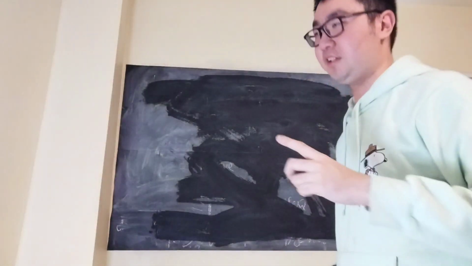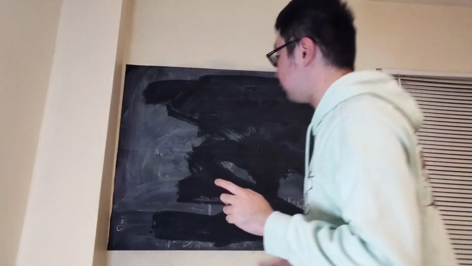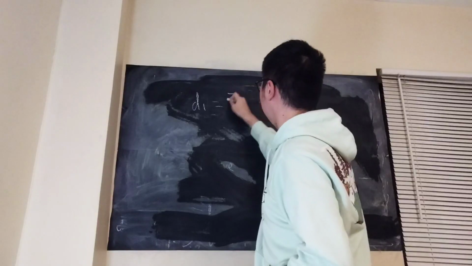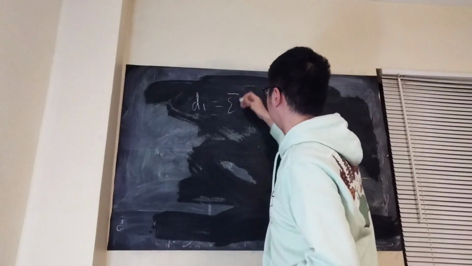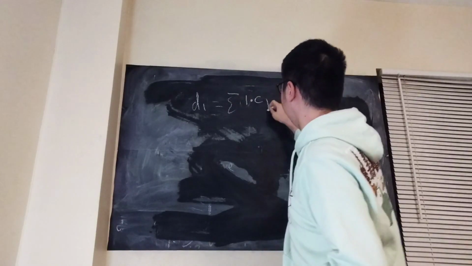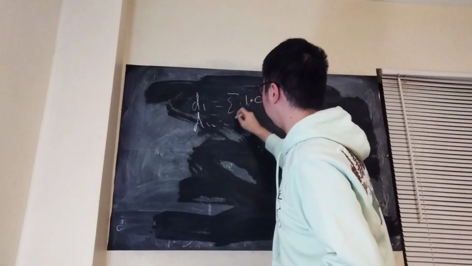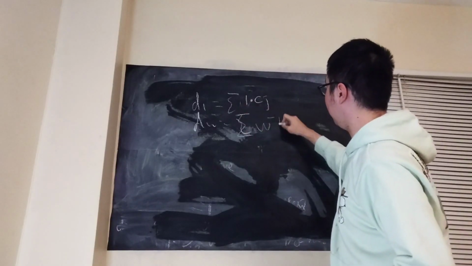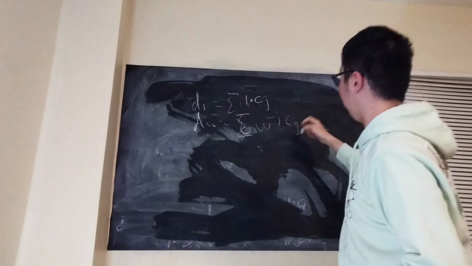One interesting thing is that you remember we defined d1 to be the sum of 1 times Cj, and dw to be the sum of w minus j times Cj.